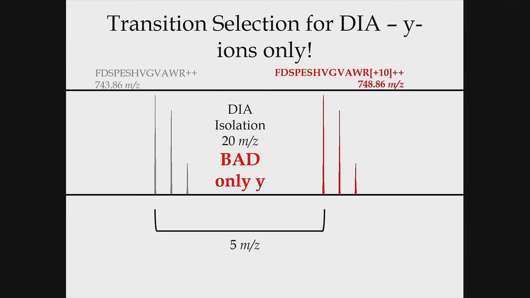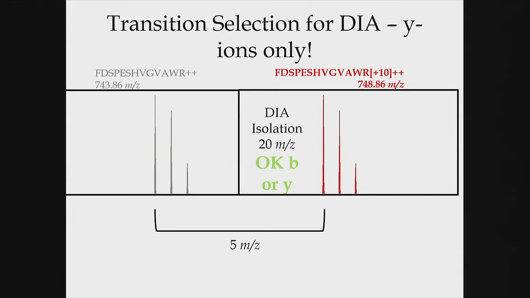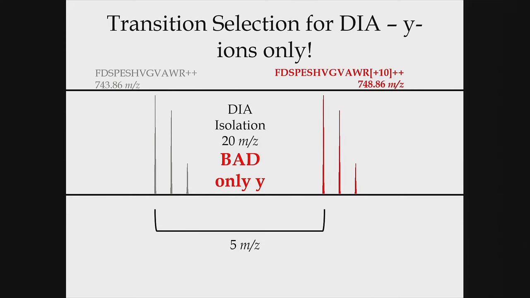In this case, we have the label on this end of the peptide, and what's going to happen if we tried to use the B ions here, they would actually interfere between these two peptides because the B ion series does not include the heavy modification.